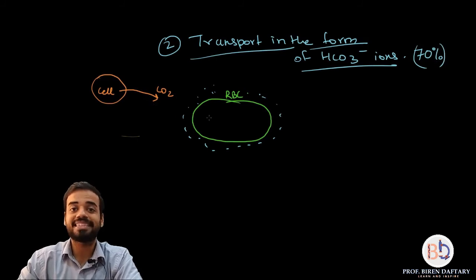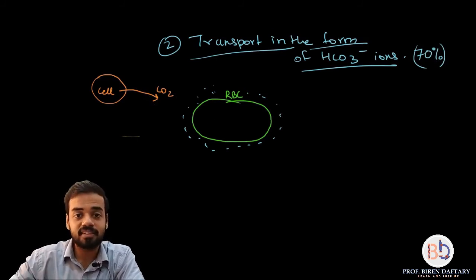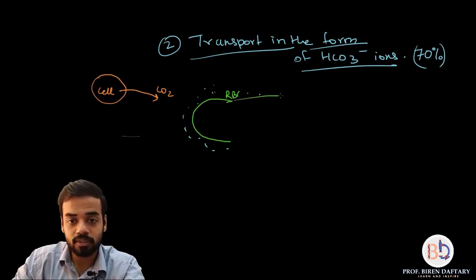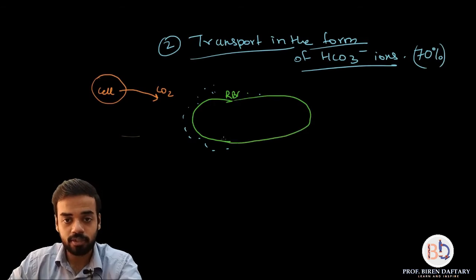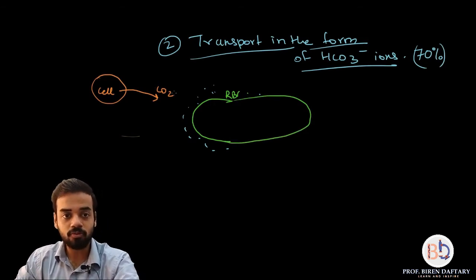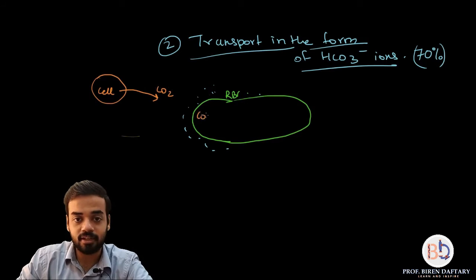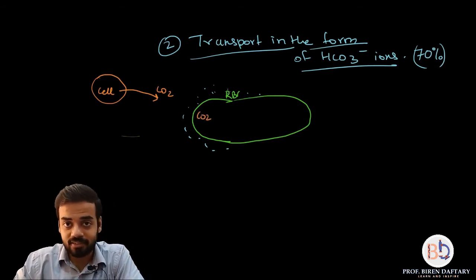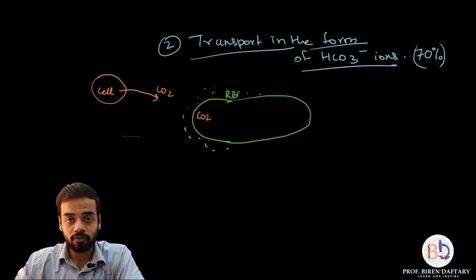And inside the RBC, the same reactions are going to happen which occurred in the plasma. I'm just going to increase the size of the RBC so that I can draw the reactions. So now the carbon dioxide enters the RBC. In the RBC, water is present because the RBC is a cell. Every cell has got water of its own.